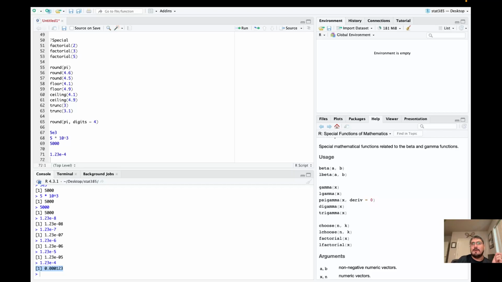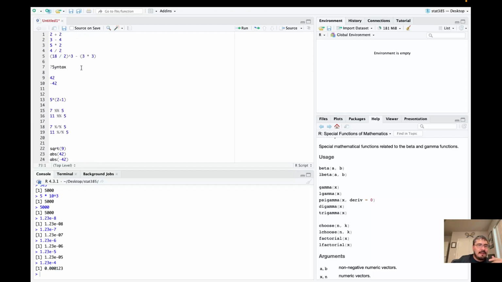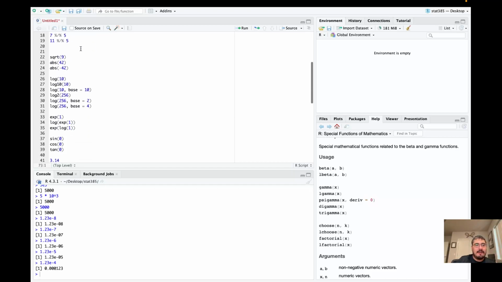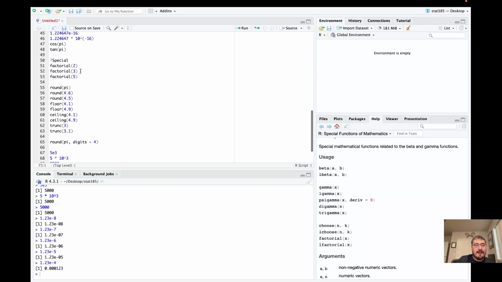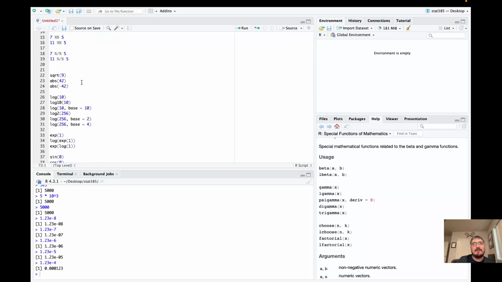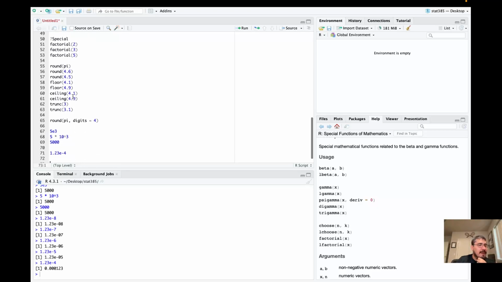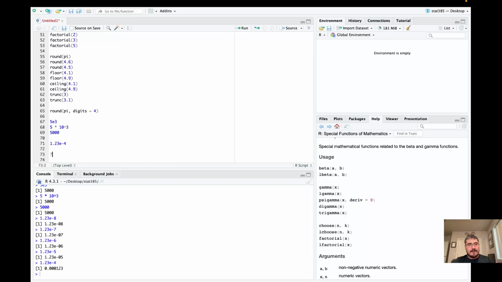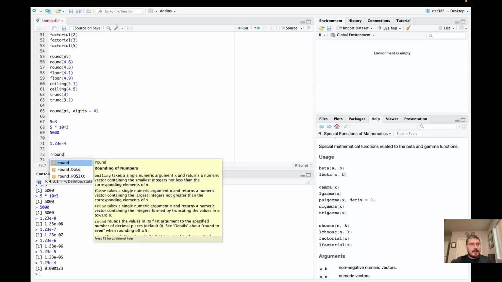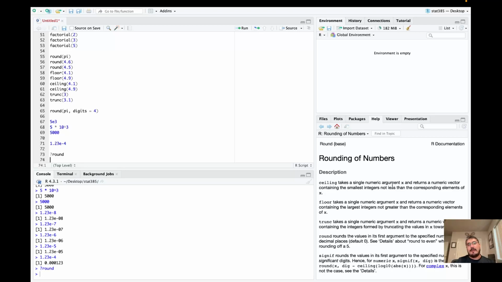As said throughout the video, we have these different binary operations, these different classes of special functions, and all these functions in between. And if we get stuck, we can always use the question mark and read the R documentation behind what a function does. The documentation page will contain the function name and the package it's from.